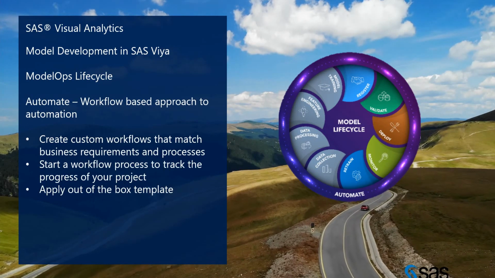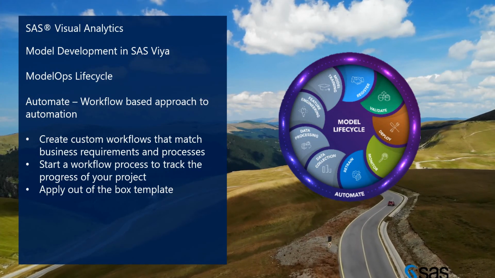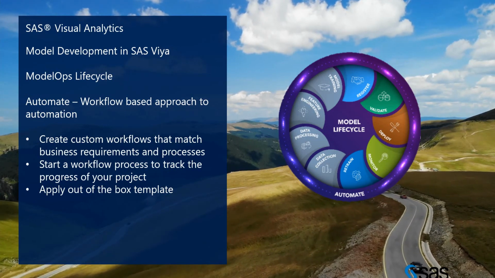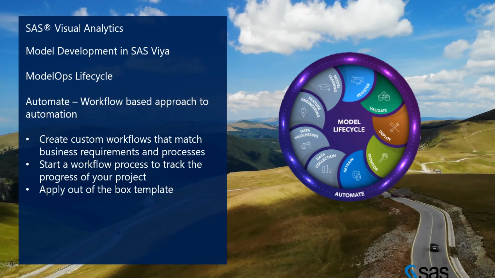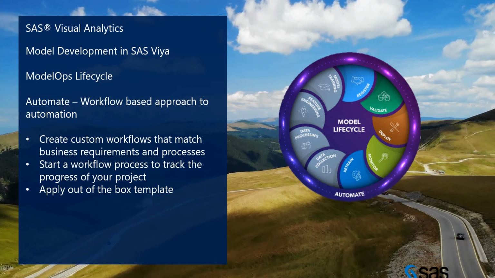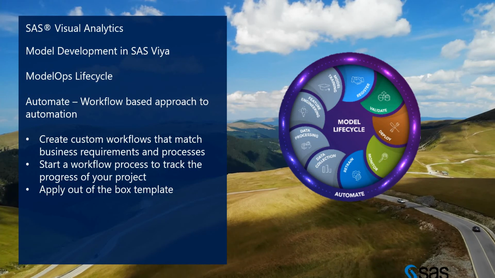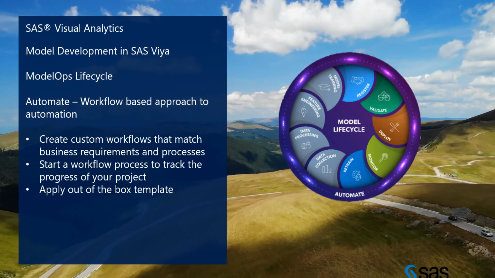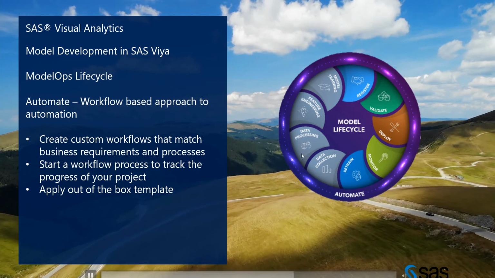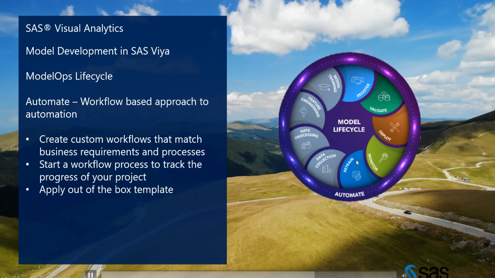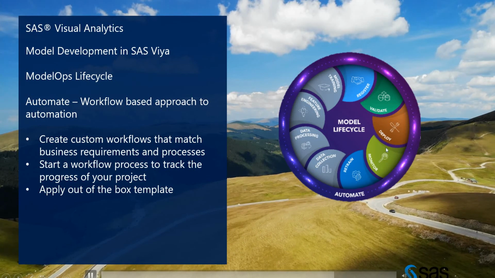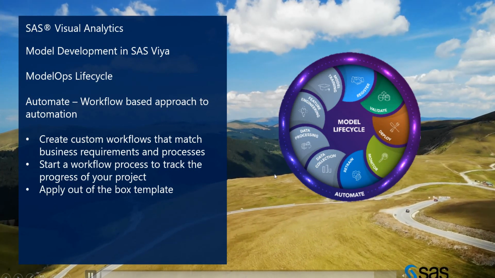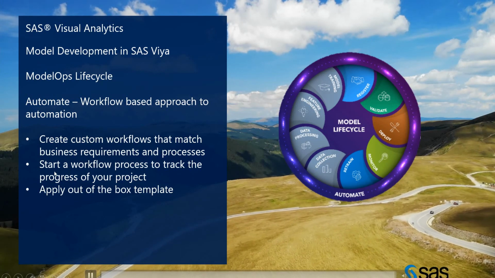In the last, we have automate. Automate is a workflow-based approach to create custom workflows that match business requirements and processes. All of these, register, validate, deploy, monitor, and retrain, can be automated.